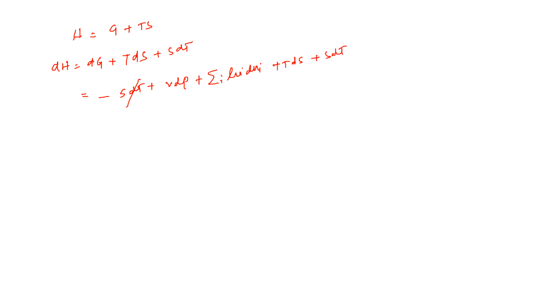So these two cancel out. So overall what we'll get is dH equals TdS plus VdP plus summation mu i dNi. So this is the second equation.